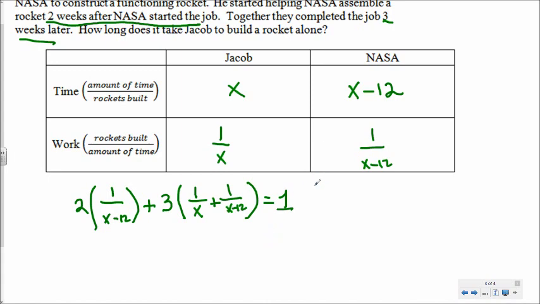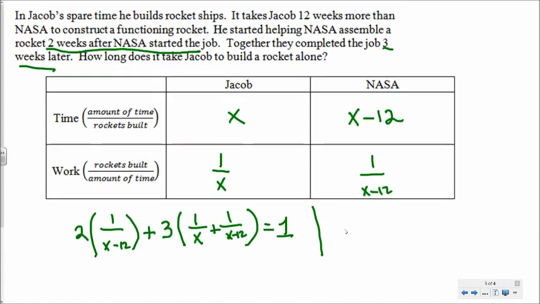An alternative way you could have set this up is to think about what's getting done by each person. NASA works for 2 weeks by itself and then an additional 3 weeks with Jacob.